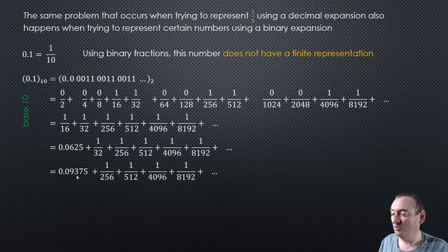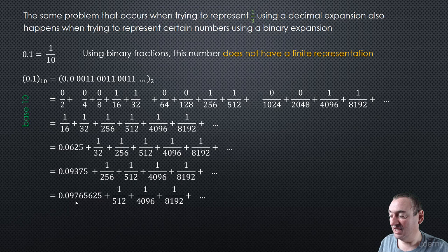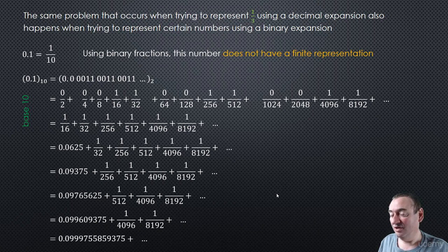So now we have 0.09375, much closer to 0.1, plus the remaining terms. And we can keep adding, now we can add the 1/256 into this, so now we get 0.09765625, okay, etc., etc.